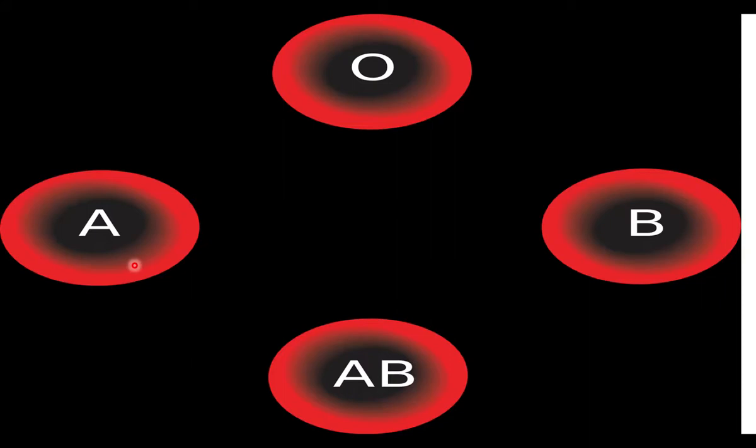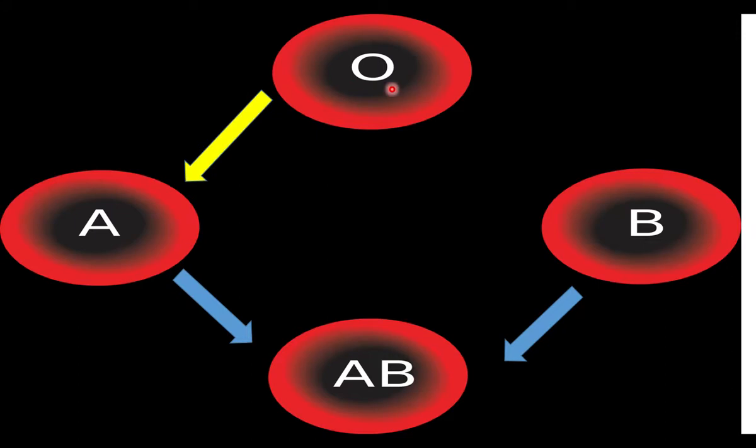An A blood group person can donate blood to AB. A B blood group individual can donate blood to AB. But an O blood group individual can donate blood to A, B, AB, and O also.